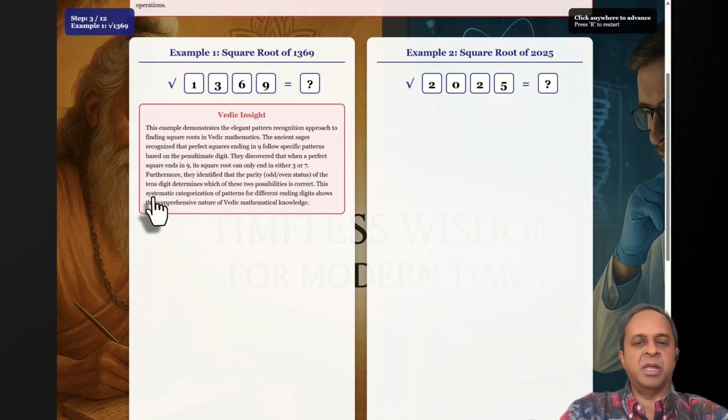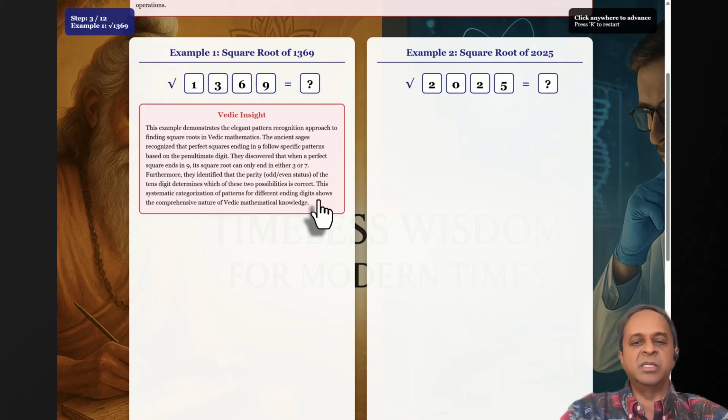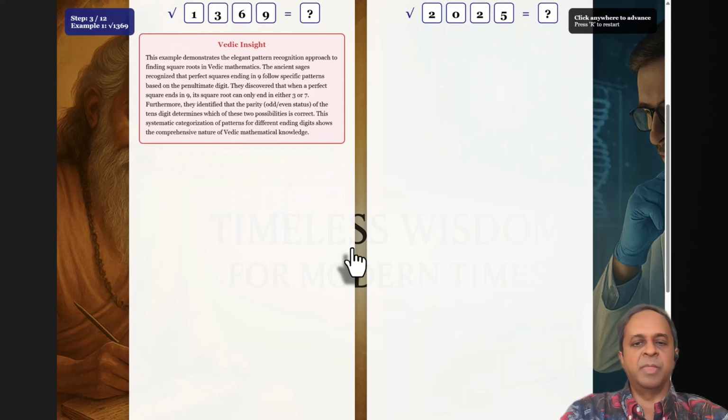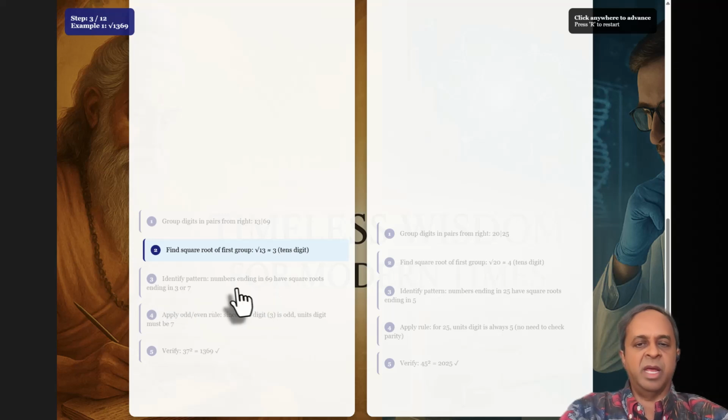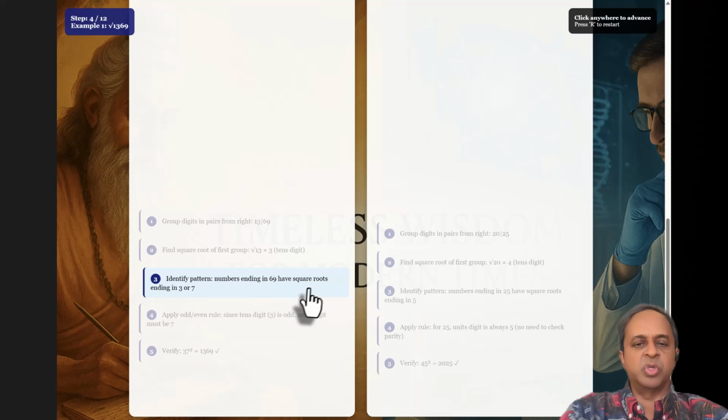This systematic categorization of patterns for different ending digits shows the comprehensive nature of Vedic mathematical knowledge. Okay, so we just talked about step 3: the number ends in 69, so it has a square root ending in 3 or 7.